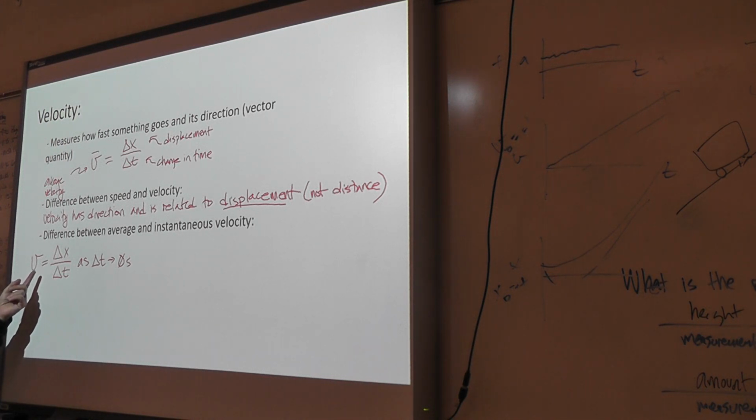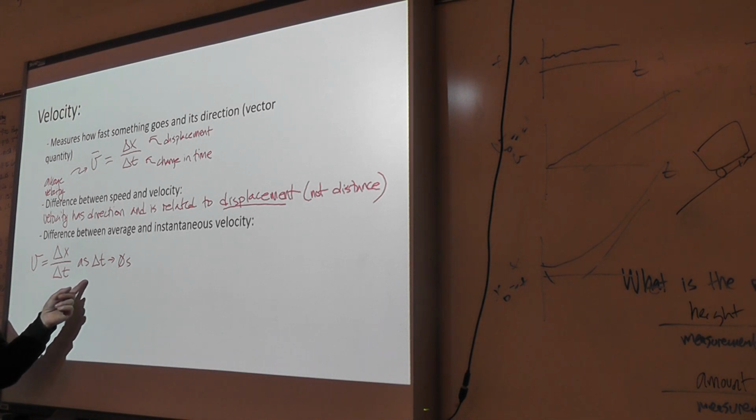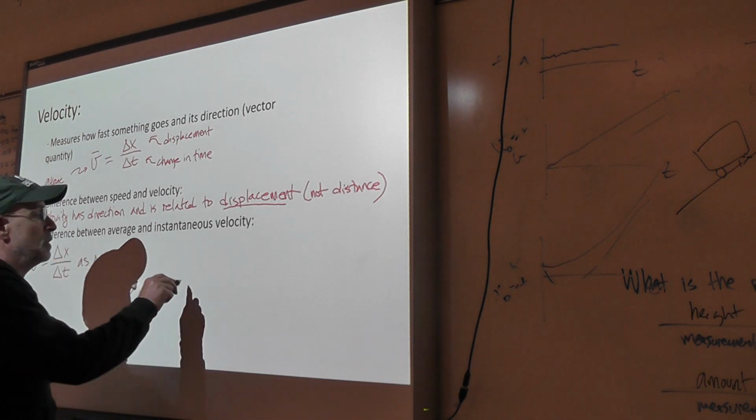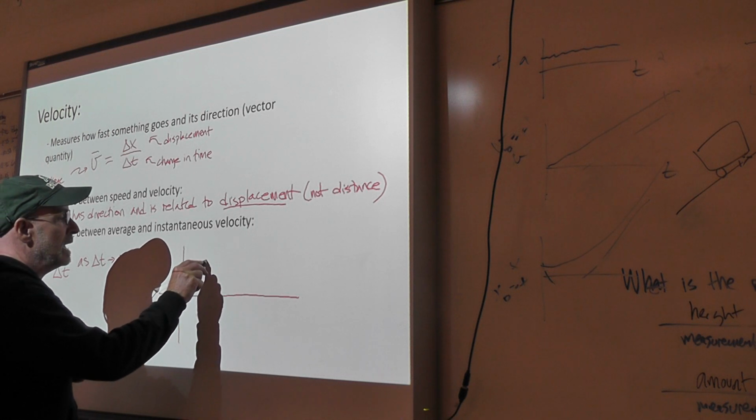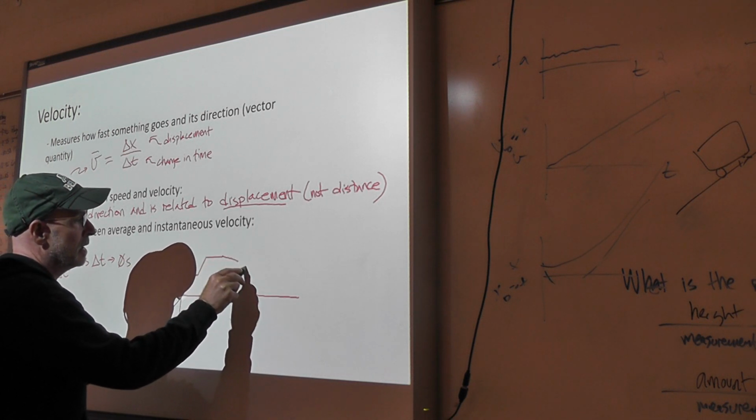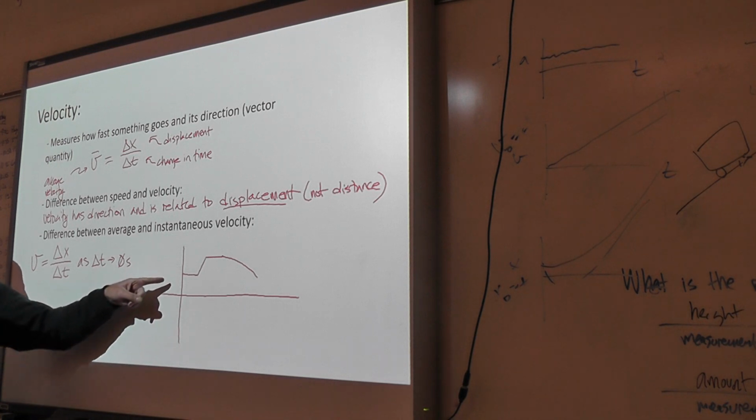This fast. Mathematically, we can do this with calculus. Visually, it's easier to think about it graphically. Remember I told you that slope on a position versus time graph is velocity. Okay, so here's our old familiar position versus time graph again.